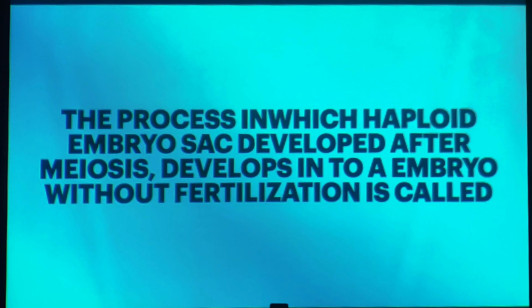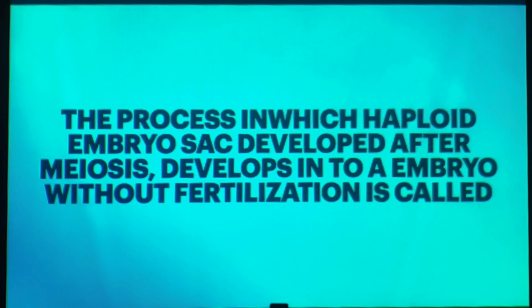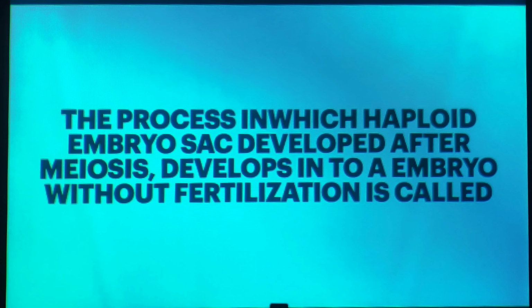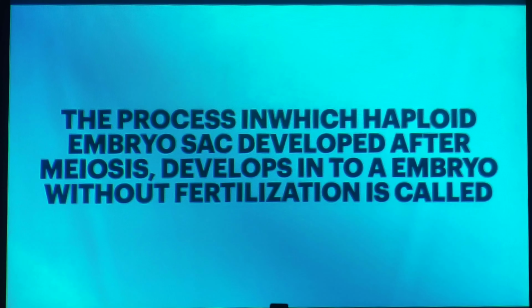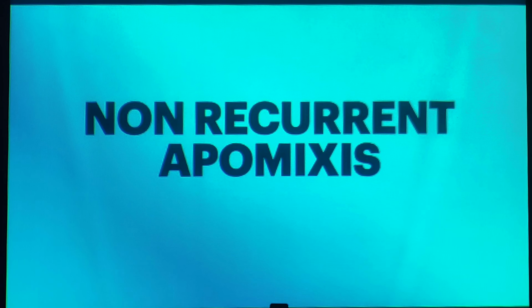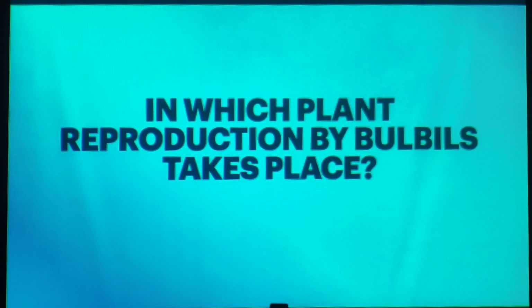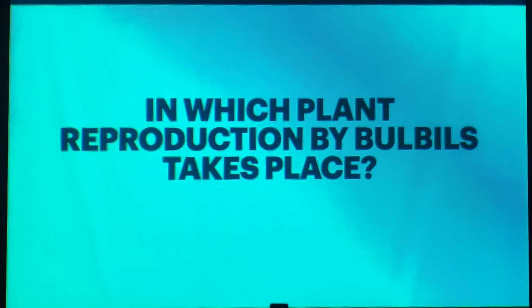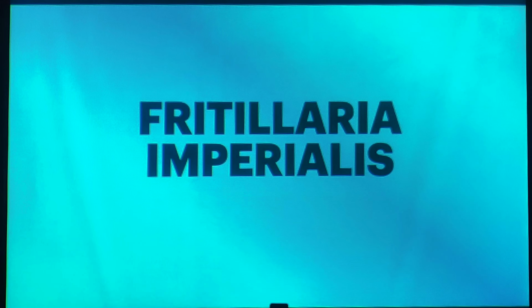The process in which haploid embryo sac developed after meiosis develops into an embryo without fertilization is called non-recurrent apomixis. Plant reproduction by bulbils takes place in Fritillaria imperialis.